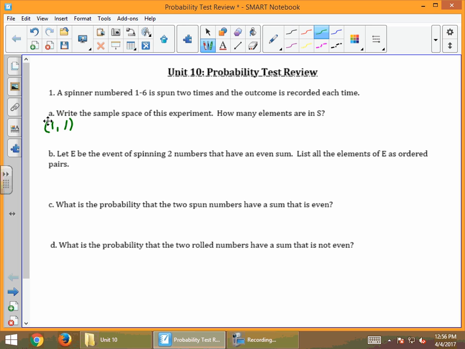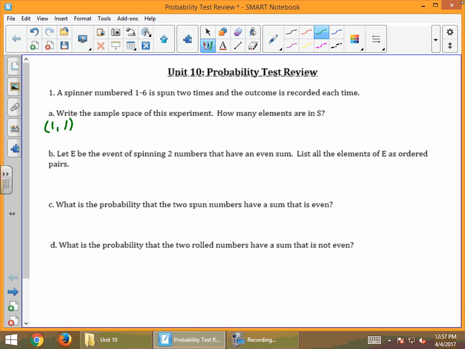What's your second? So again, one of the outcomes, it can land on a 1 and then a 1. That is one outcome. There are 2 things with each outcome because you're doing 2 things in the experiment. It's not just 1, 2, 3, 4, 5, 6.